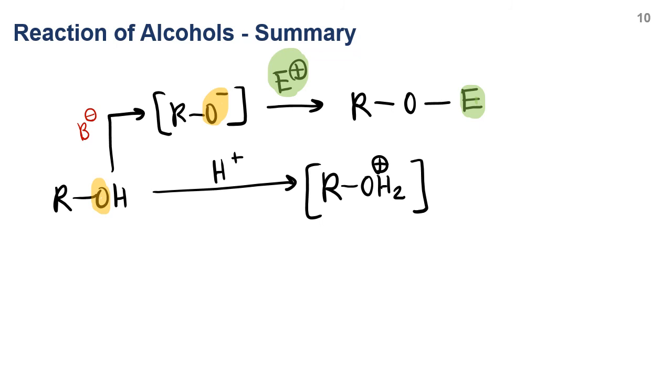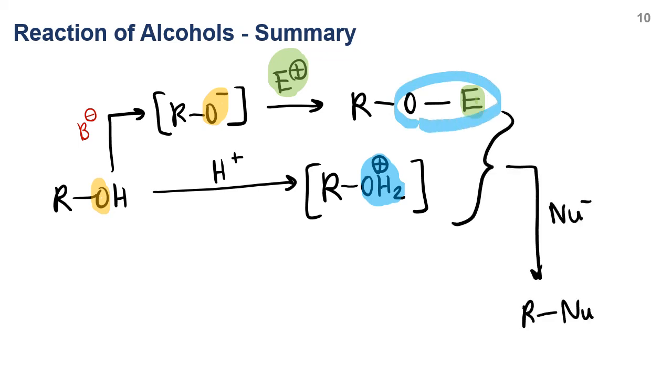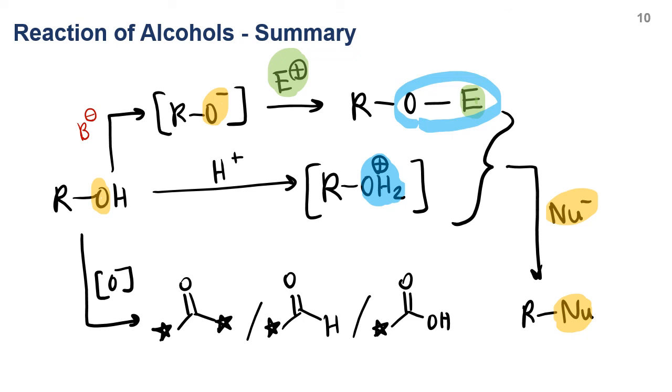You can also activate the hydroxyl group to become a better leaving group by reaction with acid or some other sorts of electrophile, and from here you can use a nucleophile to attack the carbon and replace those groups with the nucleophile. Another mode of action is that you can oxidize the alcohols to form ketones, aldehydes, or carboxylic acid, depending on which type of alcohol and the reagent that you choose. Okay, so that's all of the reactions of alcohols.